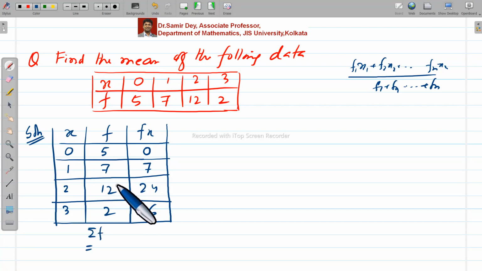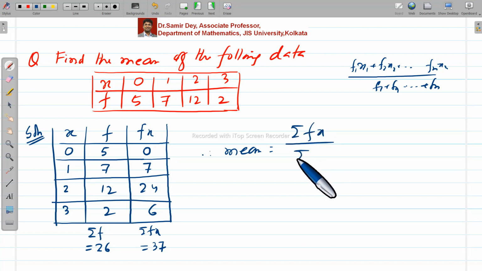How much is it coming? 5 plus 7 is 12, 12 plus 12 is 24, 24 plus 2 is 26. Please check whether it is coming or not. Next, summation fx is the total addition of the multiplications, which is coming 37. Then you write down mean is equal to summation fx by summation f.